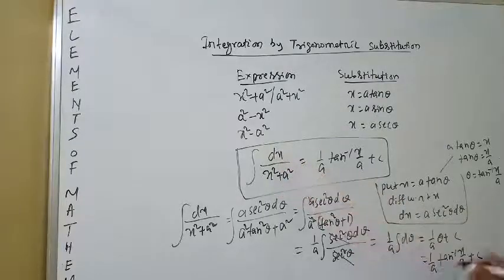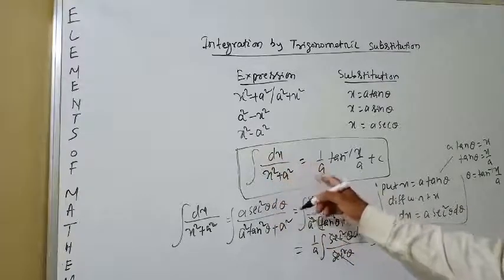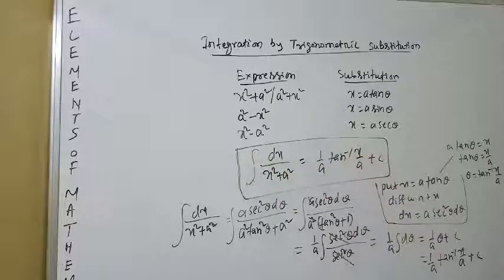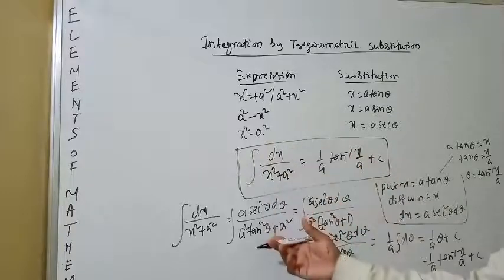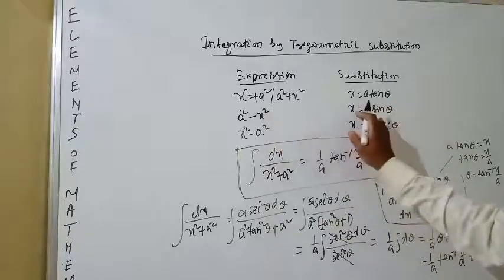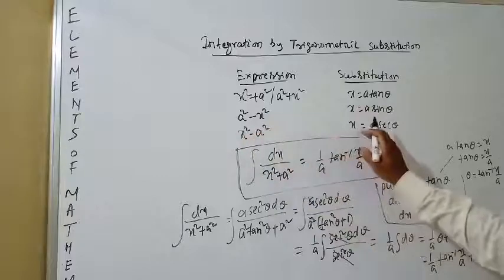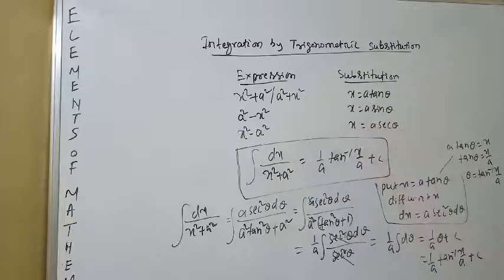So here I proved this formula: integration of dx by x square plus a square is equal to 1 by a tan inverse x by a plus c. Similarly, the other formulas we can also derive if we put, in the expression a square minus x square, x is equal to a sin theta, and in the expression x square minus a square, x is equal to a sec theta.